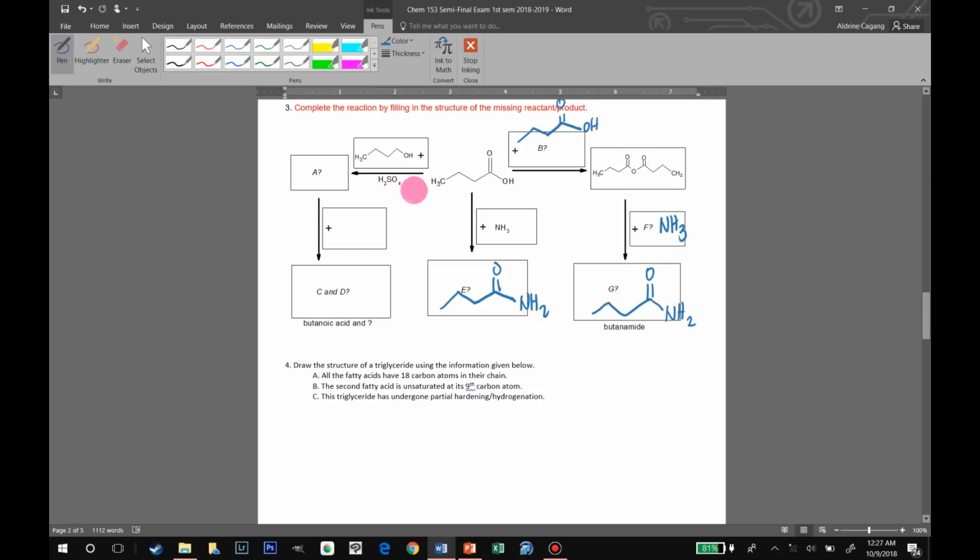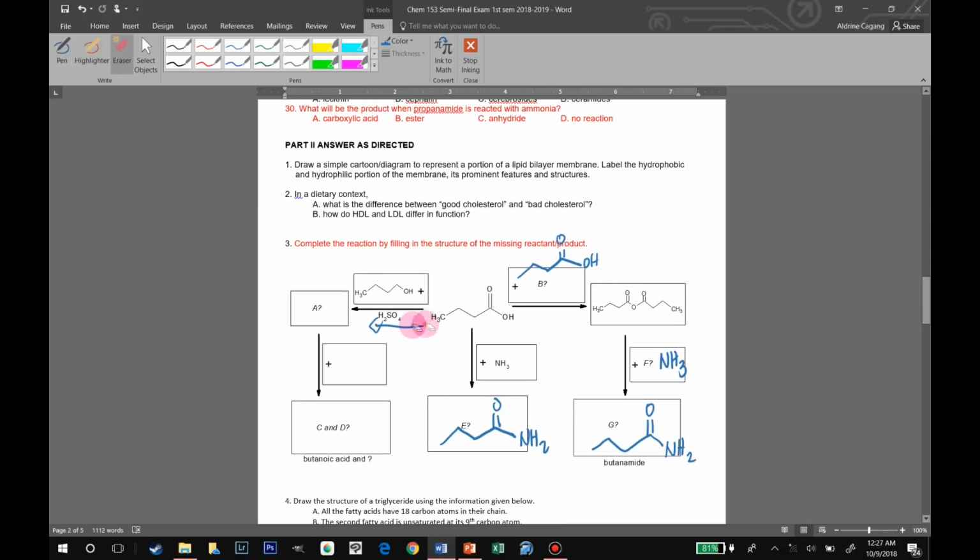Next, let's follow the reaction going here. For this reaction, you're already given the other reactant that is going to be reacted with your butanoic acid to form product A. This one is an alcohol in the presence of an acid, which is likely acting as a catalyst.